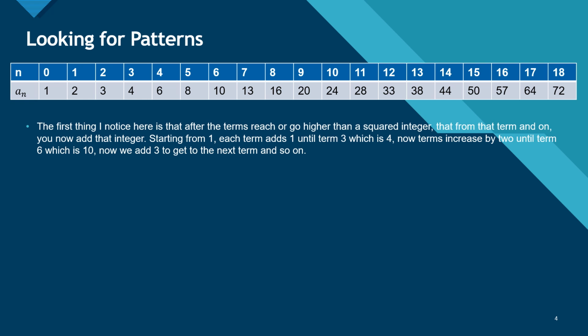And it continues to do so until 9, so until n equals 6 or a of n equals 10. That would be the most important pattern here to find, and we can move on from there.